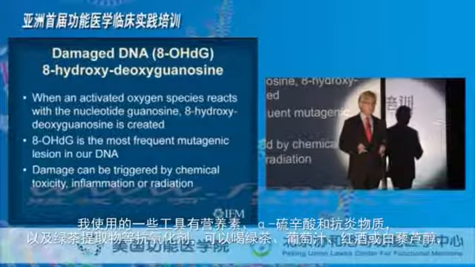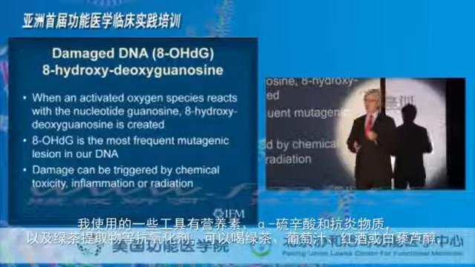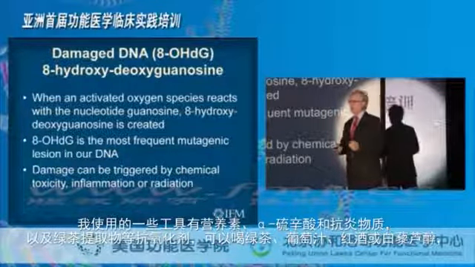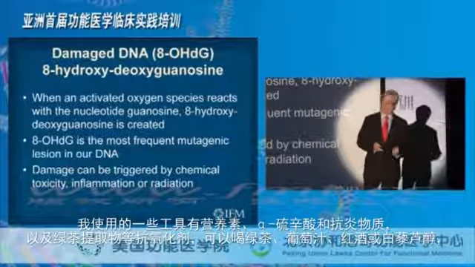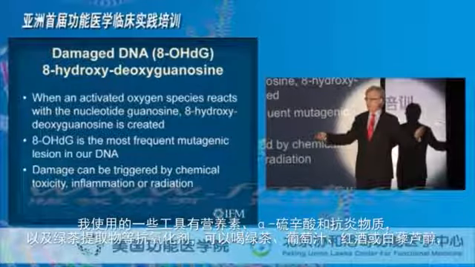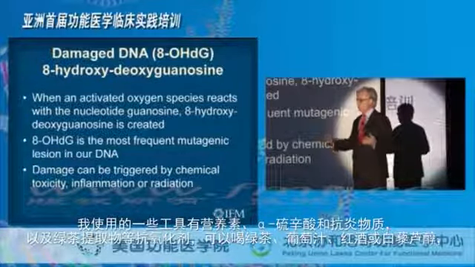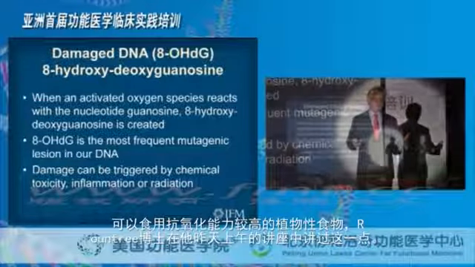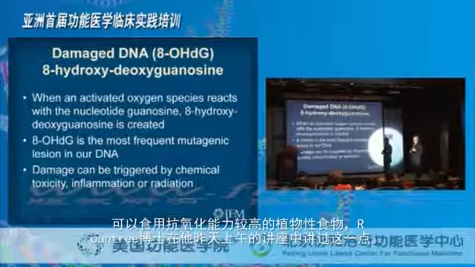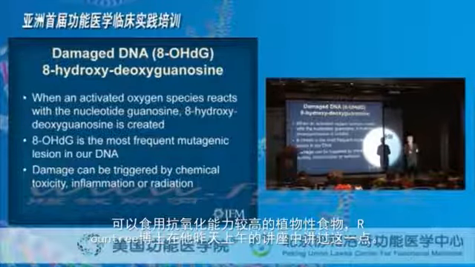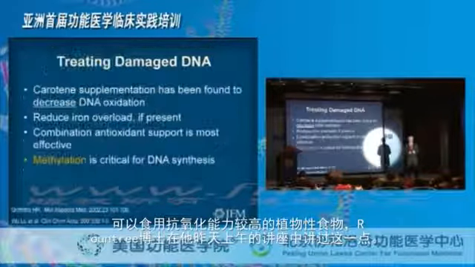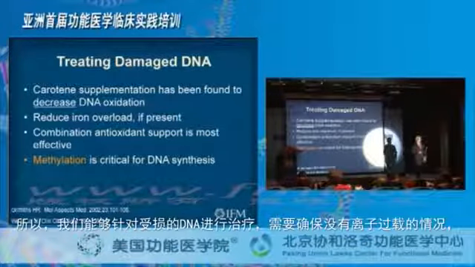Now I'm going to use tools like the nutrients in alpha-lipoic acid and anti-inflammatories and antioxidants like green tea extract, epigallocatechin gallate, green tea, just drinking green tea, or drinking grape juice, or red wine, resveratrol, or eating plants that have a high amount of antioxidant capacity. Dr. Roundtree talked about these in his lecture yesterday morning. So we can treat the damaged DNA.